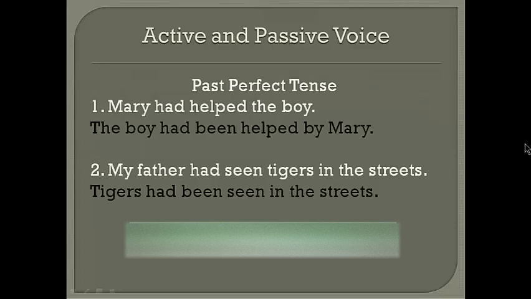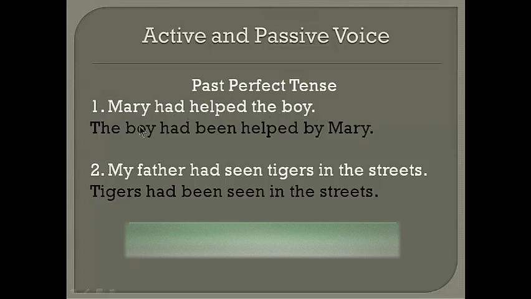Moving to past perfect tense. It's not very difficult because we have just one auxiliary verb here, and even that auxiliary remains the same in the passive form. Look at example number 1. Mary had helped the boy.